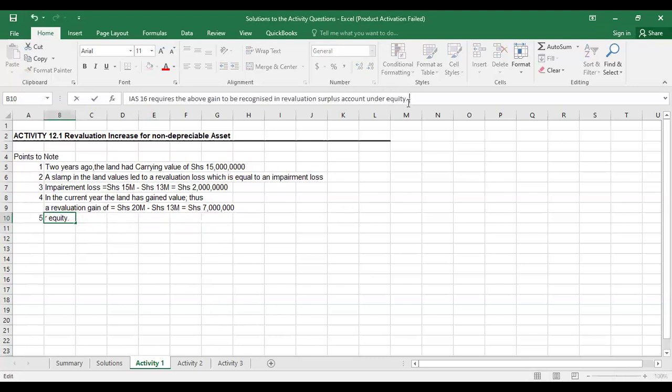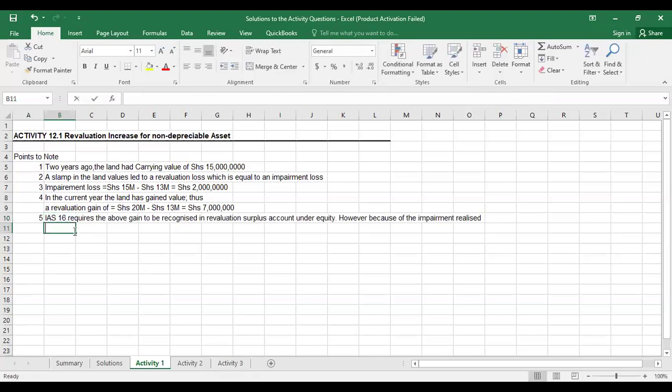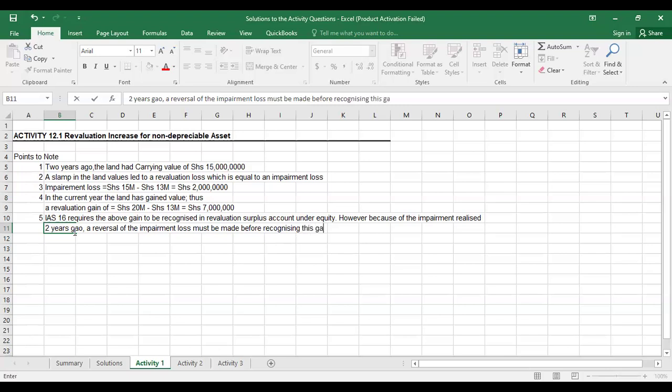However, because of the impairment realized 2 years ago, a reversal of the impairment loss must be made before recognizing this gain in revaluation surplus account.